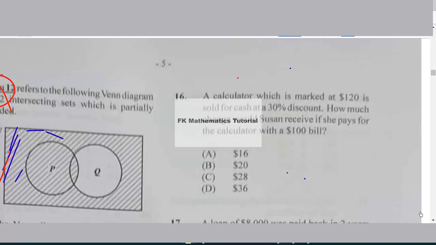So that will give you 120 minus 30% of 120. So 30%, this amount is 0.3.